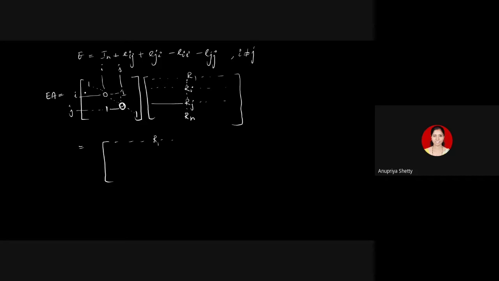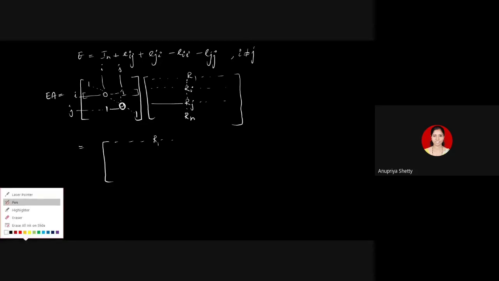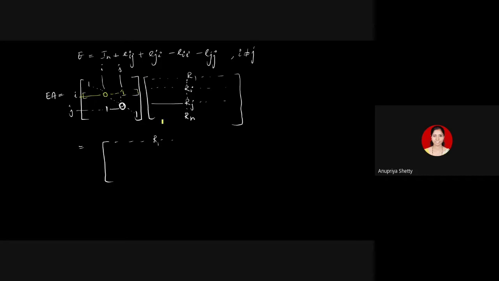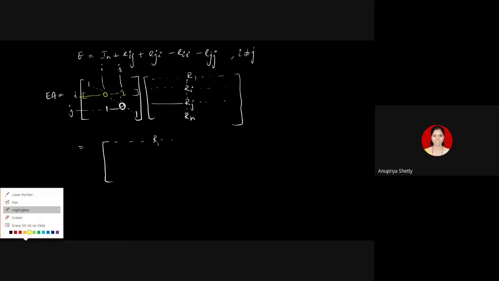So when this ith row is multiplied with each of the columns, what will happen? Every time this 1 gets multiplied with entries in the jth row, right? Because this 0 is in the ith place, you get 0 into the first entry, 0 into the second entry, etc., plus 1 into the entry from Rj. The 1 gets multiplied every time with the entry from the jth row.